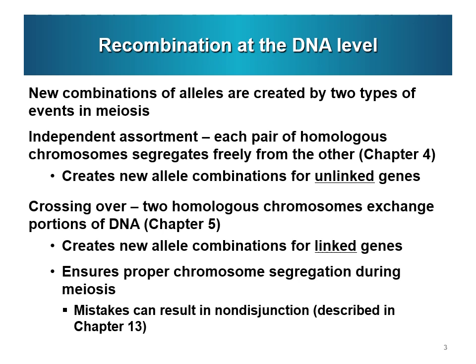The other is crossing over, where two homologous chromosomes exchange portions of DNA, which we covered in chapter 5. It creates new alleles with a combination of linked genes, and it ensures proper chromosome segregation during meiosis. We will talk about mistakes that can result in nondisjunction when we go over chapter 13.